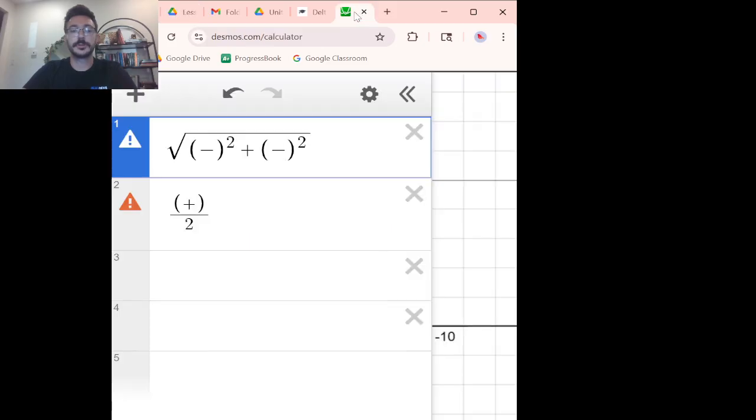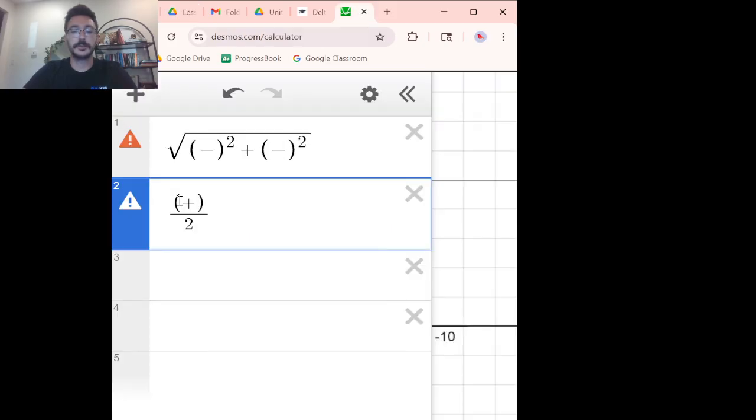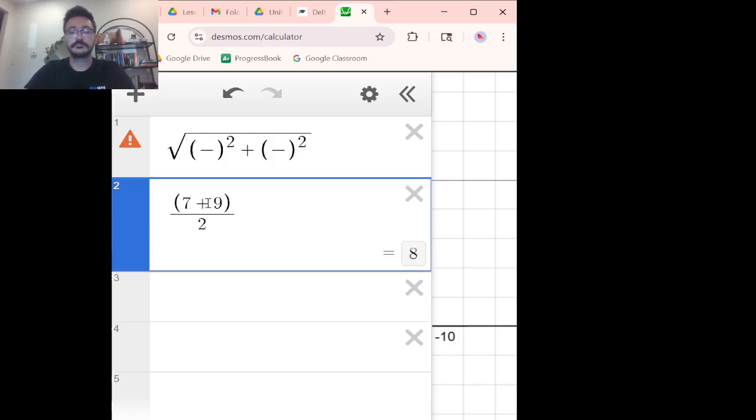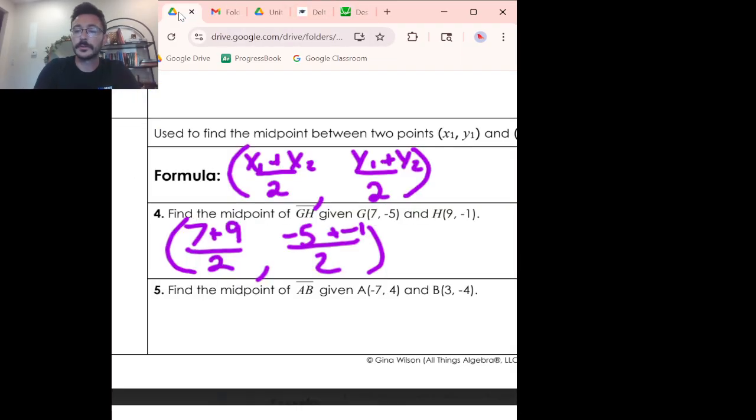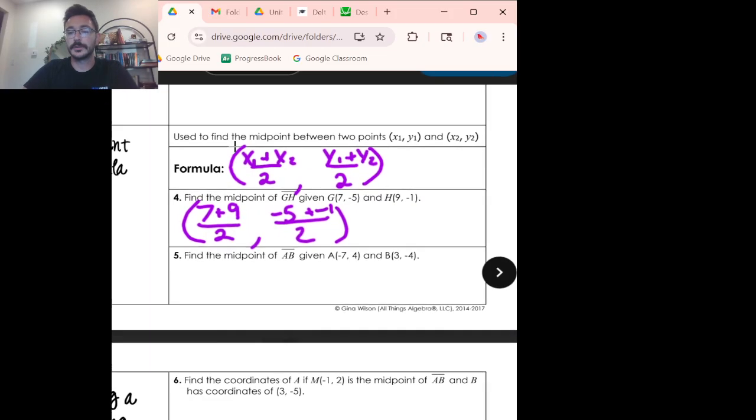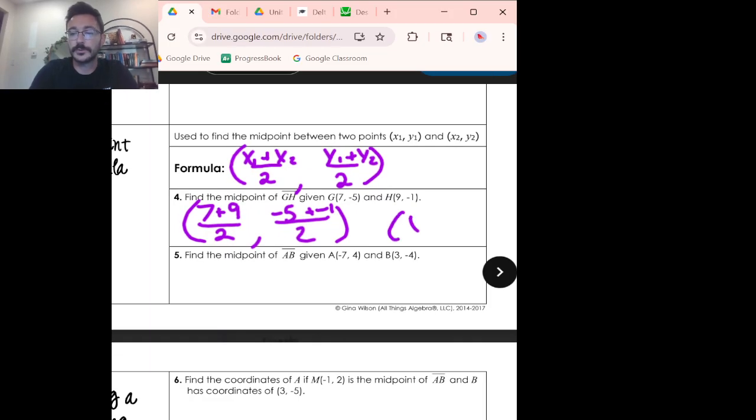So just to show in Desmos what that would look like, that's the second one here. I already have two blanks added together divided by 2, so my first part was a 7 and a 9. So your new x value is an 8. So we could say the x portion of this new coordinate is an 8.